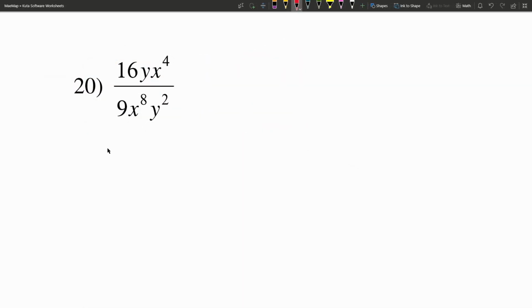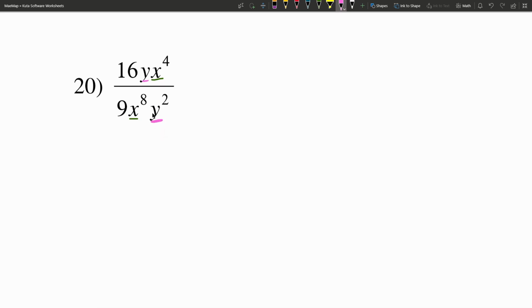Now on to our last problem on this worksheet, number 20. In number 20, looking at my bases, I have an x in my numerator, and I also have an x in my denominator. Looking at my other bases, I have a y in my numerator and a y in my denominator.